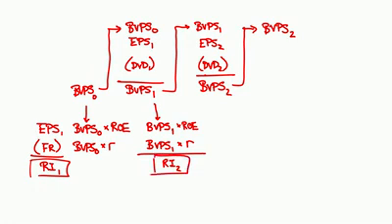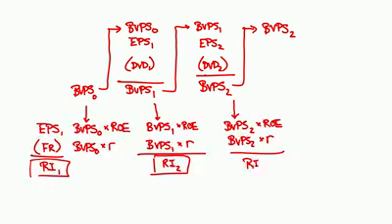Whew, I've gotten two of them now. Now let's go for the third one. I use book value per share at time 2 times ROE, and then book value per share at time 2 times the required rate of return on equity. This gets me to my residual income at time 3.